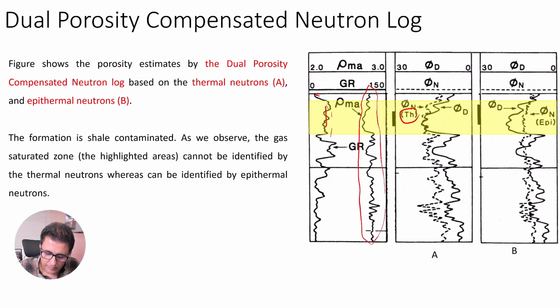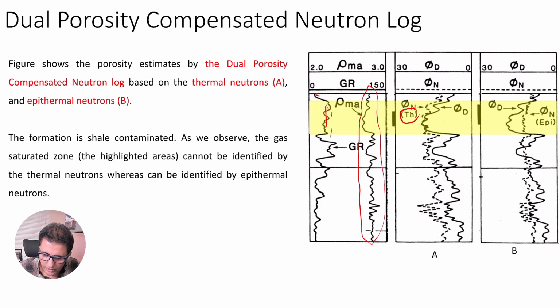As you see, although phi d is somehow overestimated, the excavation effect is not seen on phi n. The values of phi d and phi n are almost equal, and this is because of the presence of shale in the formation. We are not able to say anything about gas saturation here.